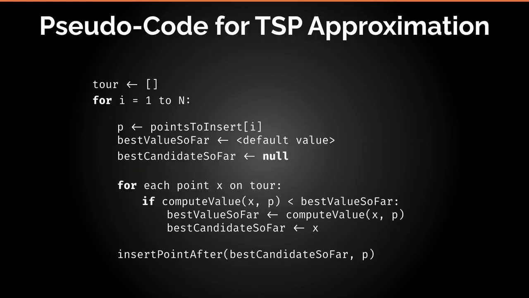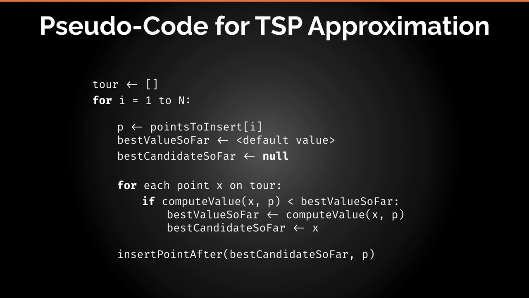Okay, so this is what your TSP approximation should look like in pseudocode. You look at every point, you find the point that you have to insert, and you create flag variables, best value so far and best candidate, that you initialize to null. You have to pick the default value carefully, and then you go through all the points that have already been inserted in your tour, and you measure whether they are the best candidate for this particular increase.